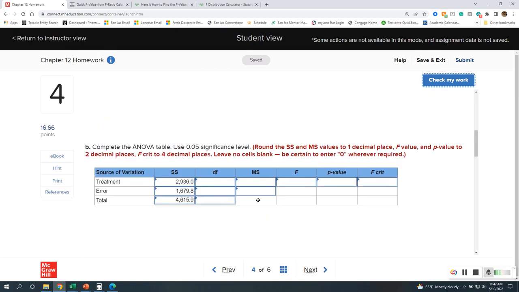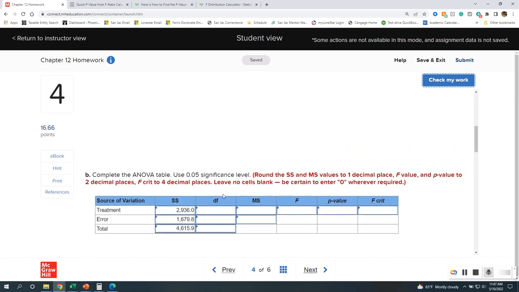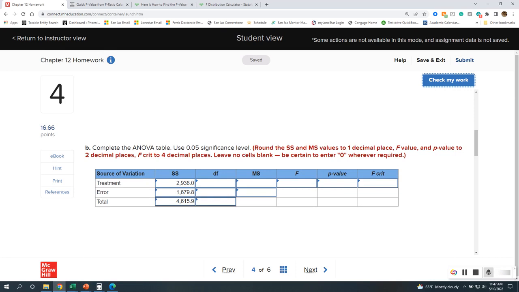Let's figure out degrees of freedom. Which again, we have the treatments minus 1. So that's 3 minus 1, so that should be 2. And then the number that we have, which is 32 minus 3, number of treatments.